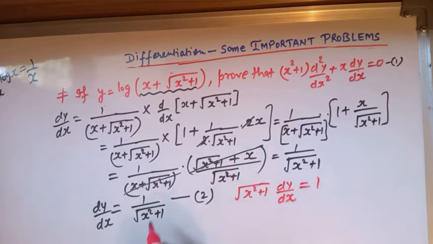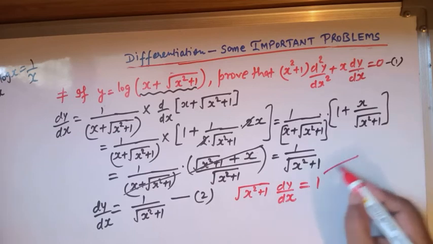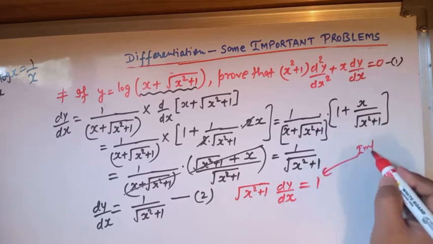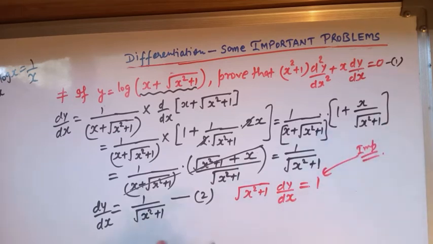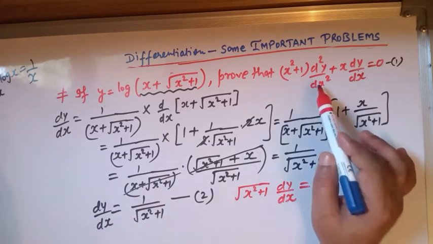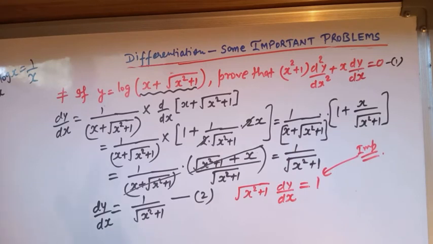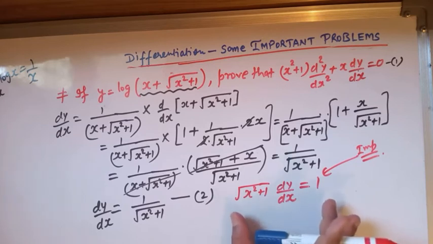Clear? So this is an important step. This step is very important. So we can also differentiate both sides with respect to x in order to get the second derivative, but if we are multiplying this factor with dy over dx, then this will make our task easy.